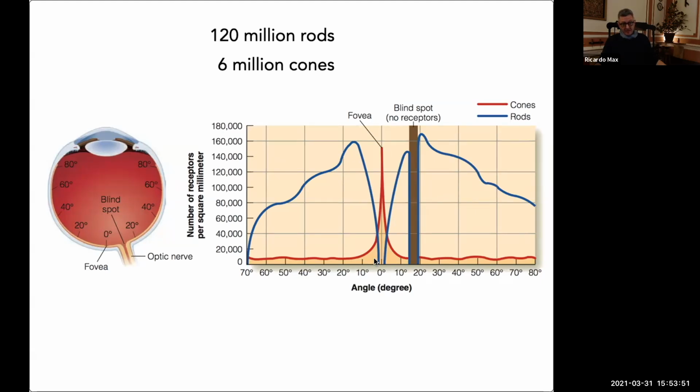This is 10 degrees, so you have 20 degrees, just for you to understand the size of this area in terms of your visual field. So 20 degrees at arm length would be something like 2.5 feet. Would be something like this.